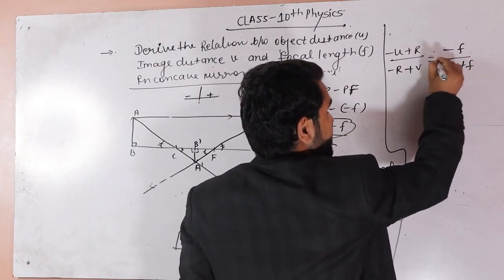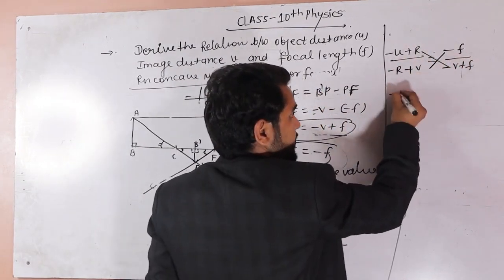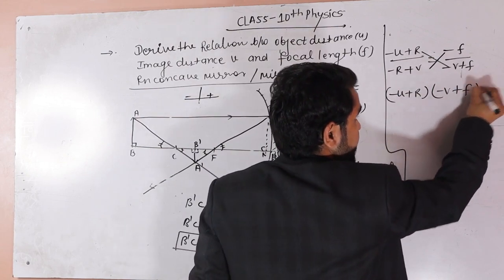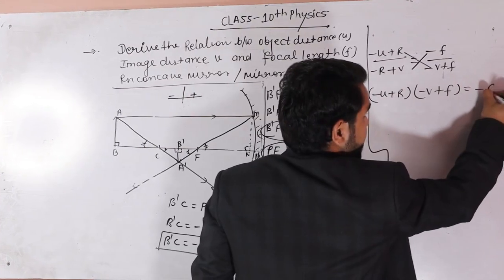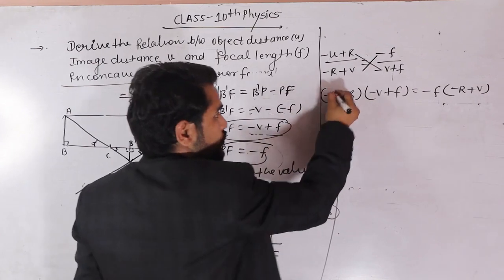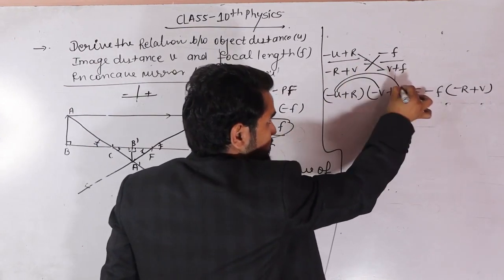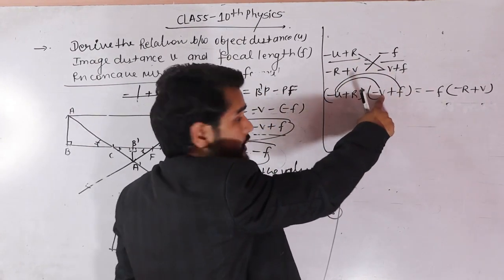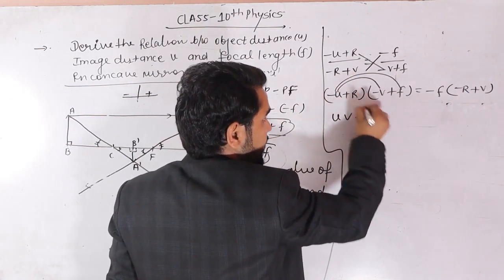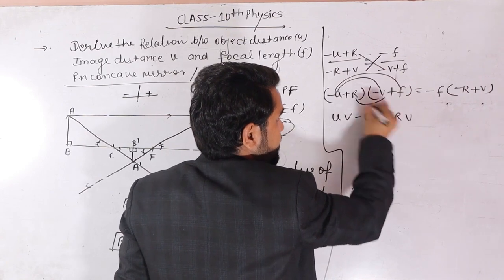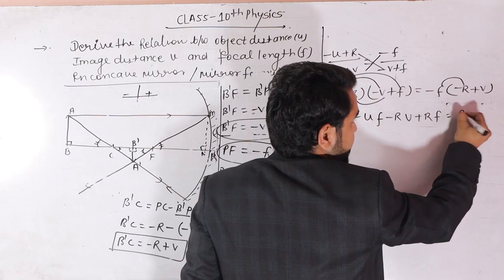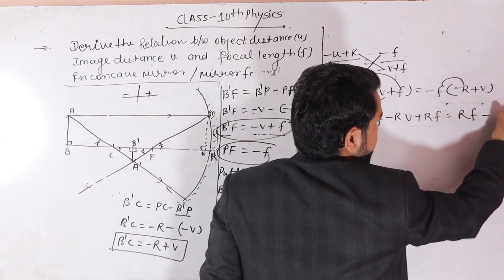Okay, cross multiply, and now we have (minus u plus R) times (minus v plus f) equals (minus f) times (minus R plus v). These terms are simply algebraic multiplication, minus minus becomes positive, and we obtain uv minus uf minus Rv plus Rf can be written as Rf minus fv.